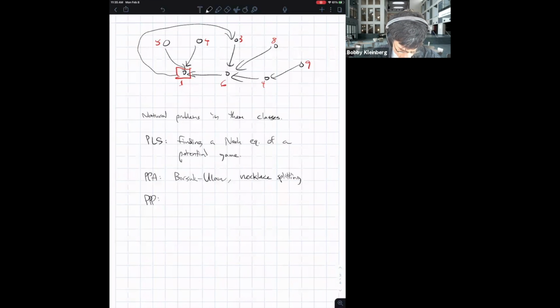PPP, the Pigeonhole Principle class, contains problems like lattice problems derived from Minkowski's theorem.